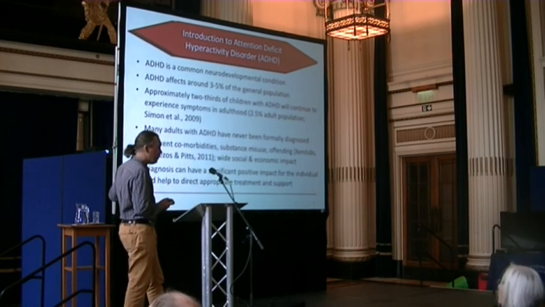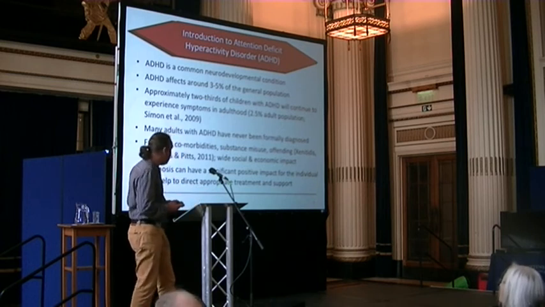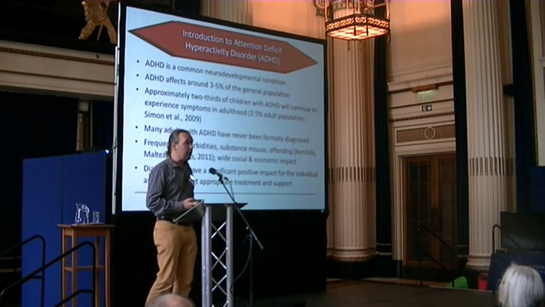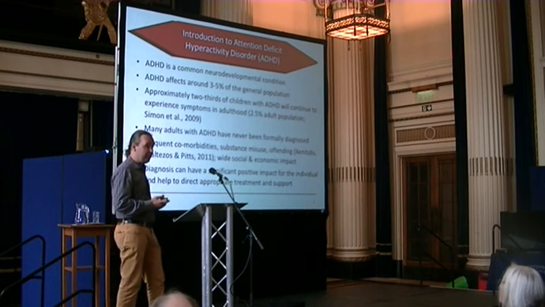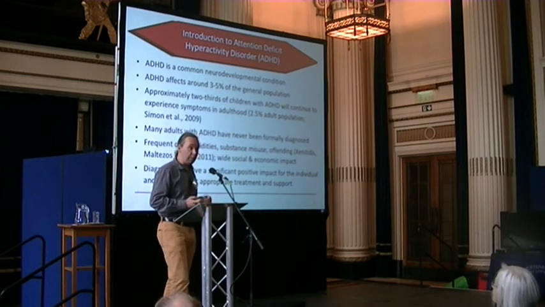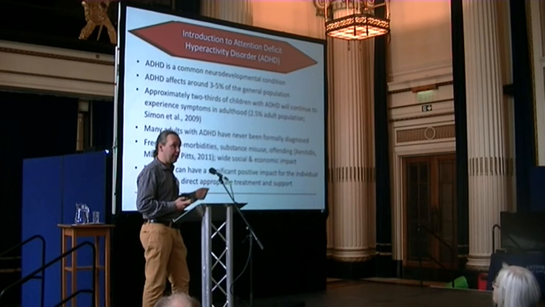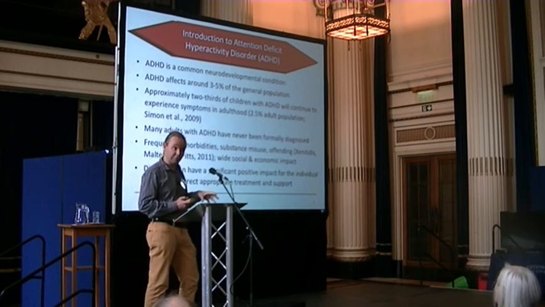There are frequent comorbidities and societal issues related to ADHD. And finally, from an individual point of view, diagnosis can have a really significant positive benefit. The NHS in Nottinghamshire Healthcare locally has an adult ADHD clinic, which my colleague Linda Gillett will be talking about tomorrow in the community forum, in case you're interested.